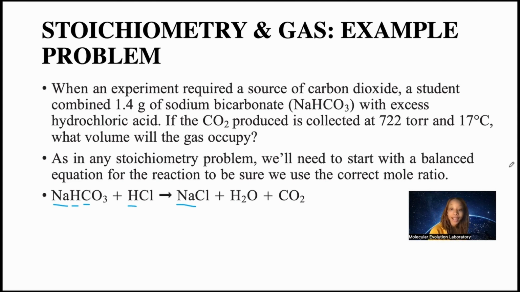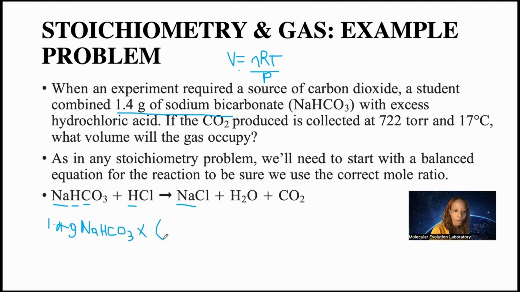Here we're asked to calculate volume. Volume will be V equals nRT divided by pressure. So here we'll have to convert the 1.4 grams of sodium bicarbonate to moles. So this will be 1.4 grams NaHCO3, and we use the mass ratio.